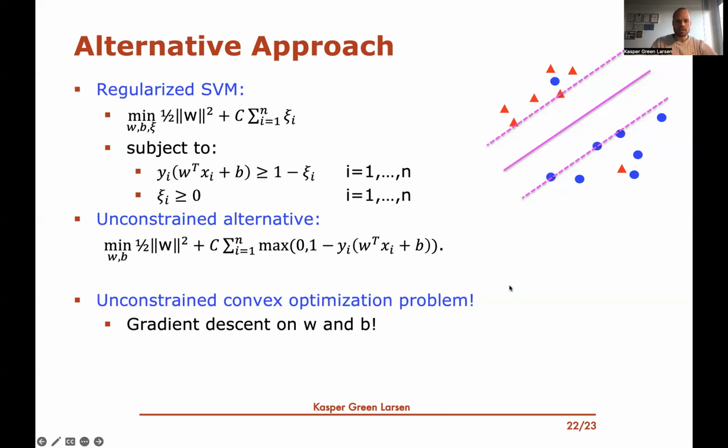So solving this unconstrained optimization problem with the hinge loss and the penalty of C is the same as solving this regularized SVM version up here. This is easy to implement and very efficient. You just need to know how to compute the gradient, and this is not so hard. We already saw that basically in deriving these things with the dual.